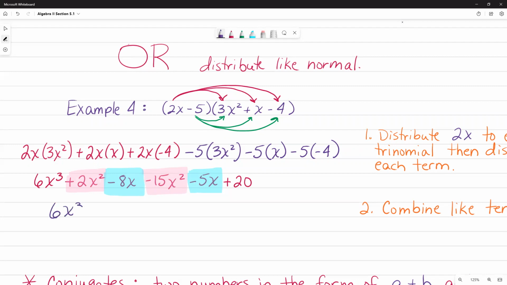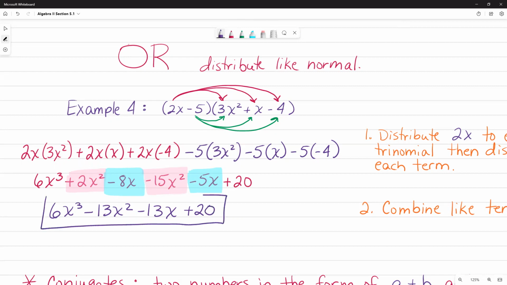So it's 6x cubed minus 13x squared, because 2 minus 15 stays negative, but it goes a little closer to 0. Then -8 plus -5 is -13x, plus 20. And we're done.